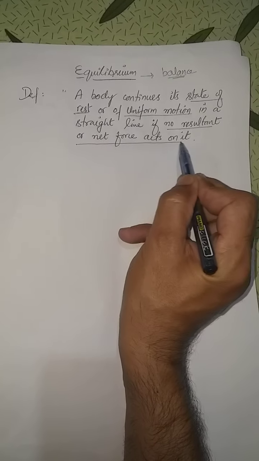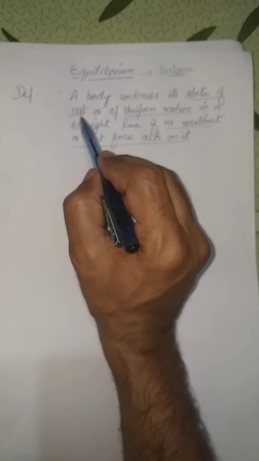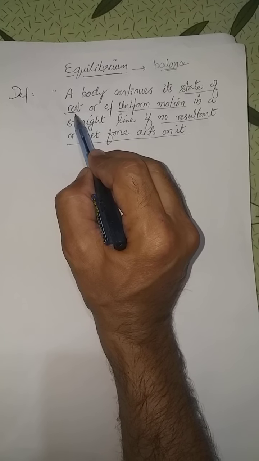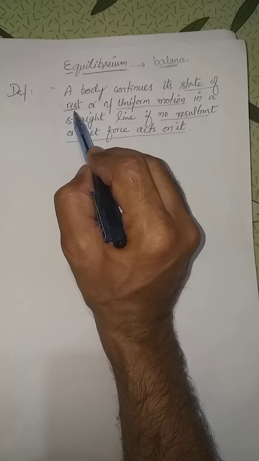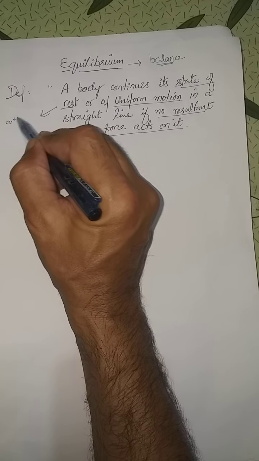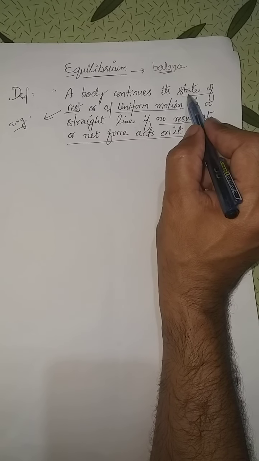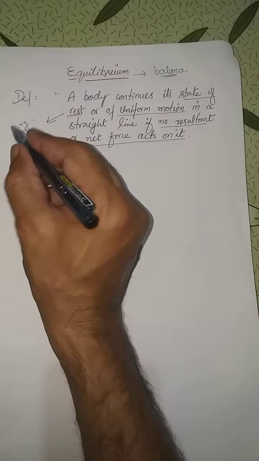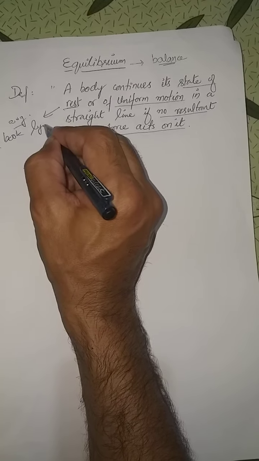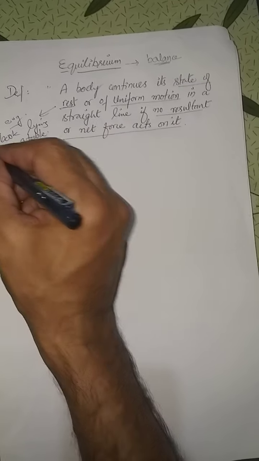It means that if the body is at a state of rest, it will not change its position, it will not change its location, it will remain at rest. If we look at the example of a body which is at this state of rest, like a book laying on a table, it is an example of this.